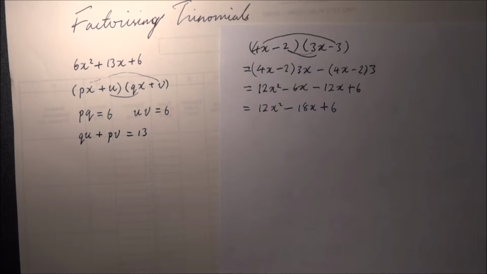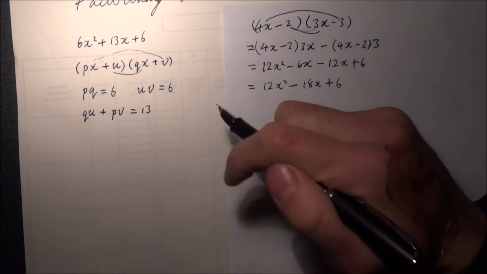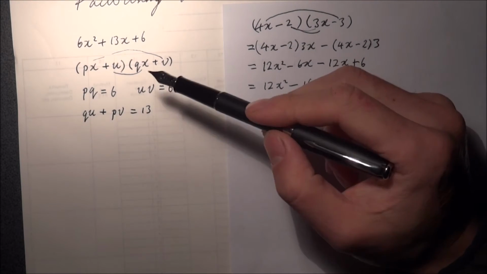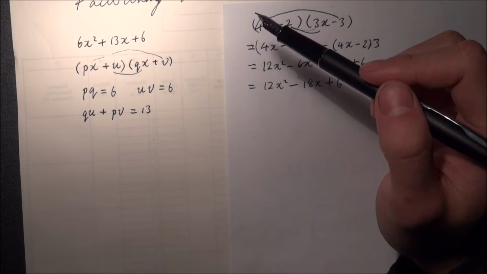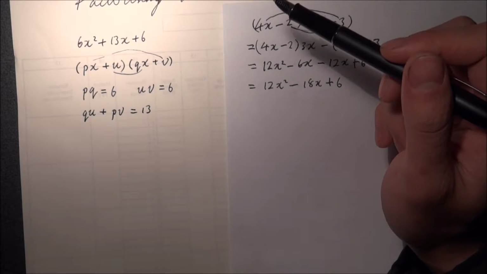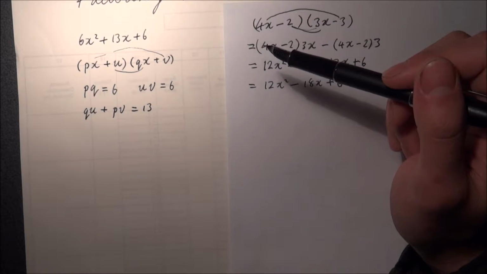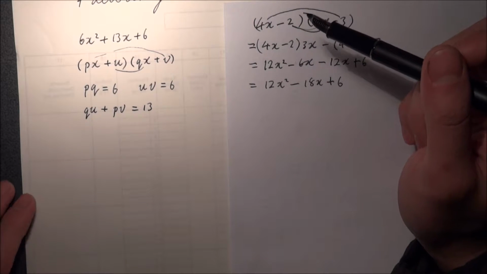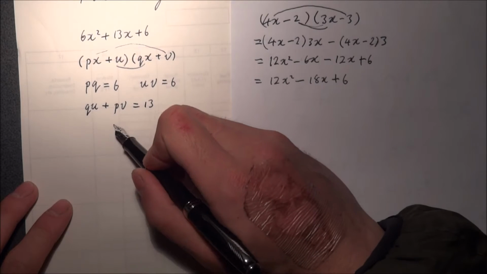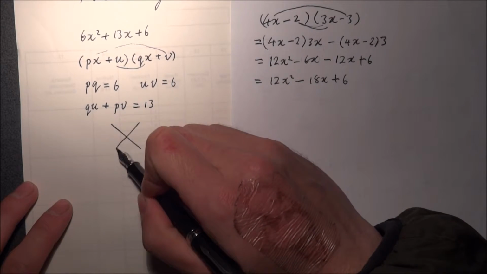And to find out what pq and uv are respectively, it will involve quite a bit of trial and error. To expedite that process, the cross method is used. So essentially, we draw a cross.